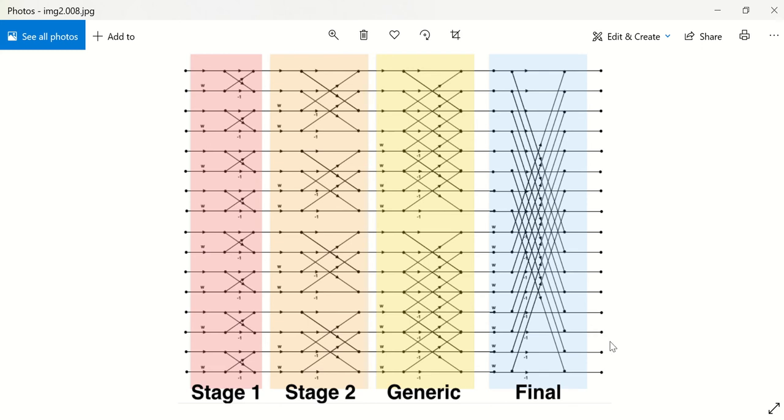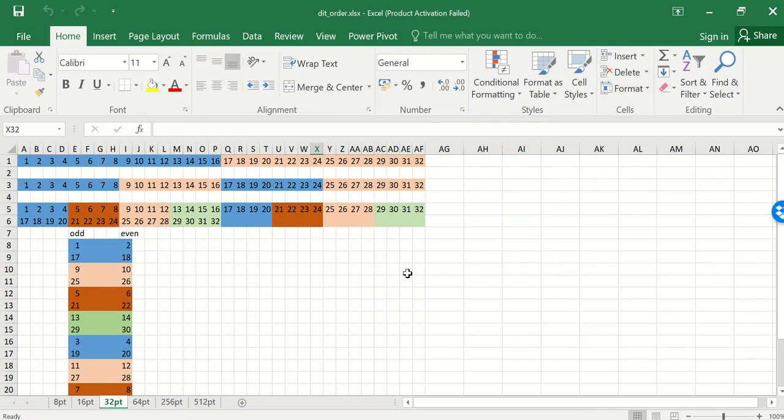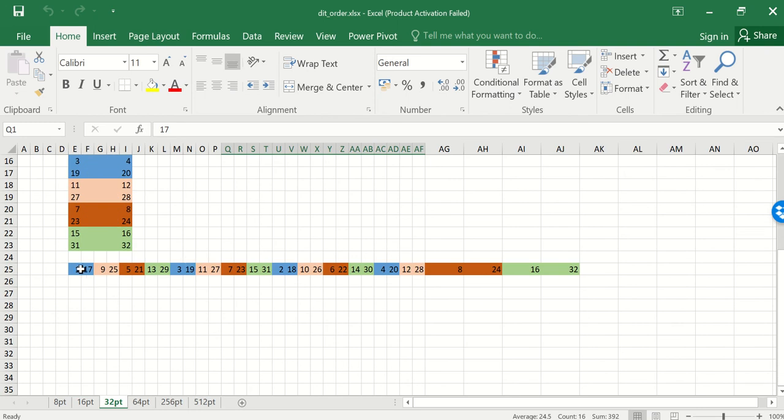So first we need to understand what order the inputs are to be given, because we are considering the decimation in time. So these are the 32 samples of the input, and this blue one is the even half, and this is the odd half, and again it is divided, and so on and so forth. Completely it is divided, and this is the final order of the inputs that we have to give.